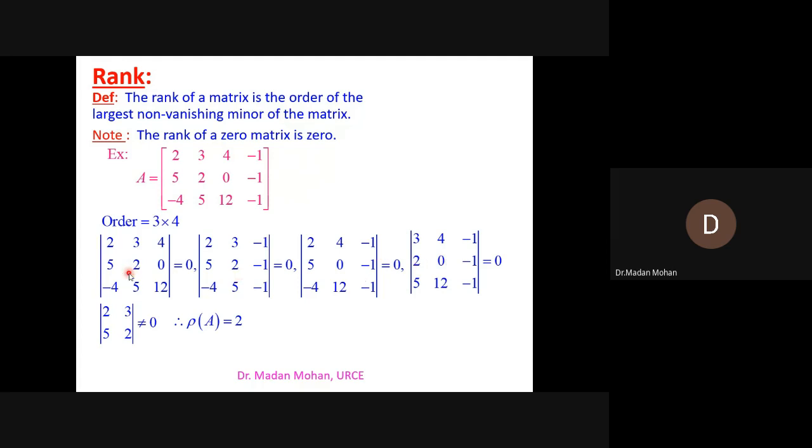Okay. Next, it is the definition. We need shortcut methods. Of course, to know shortcut methods, you require the definition also. You will realize the importance of the definition when we are doing problems. Okay. Next.